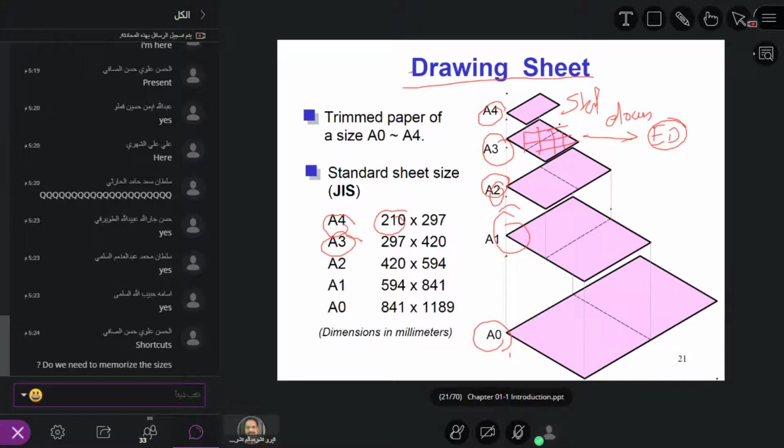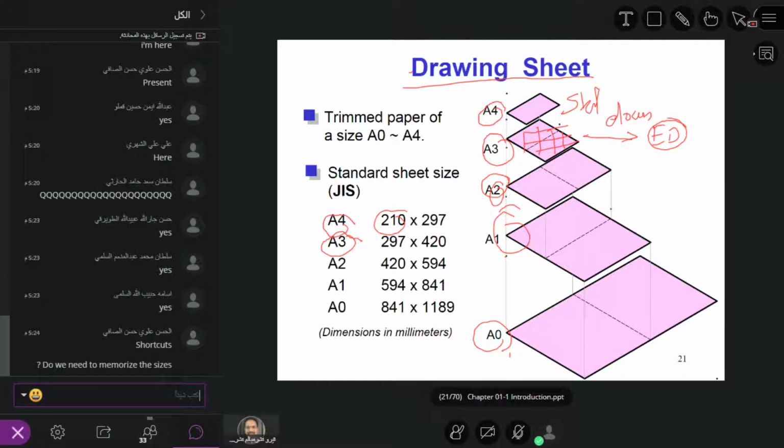So when they say A0, do we need to memorize the size? No, you don't need to memorize anything in this class. I guarantee you, you don't need to remember or memorize. You are required to understand. That's very important.